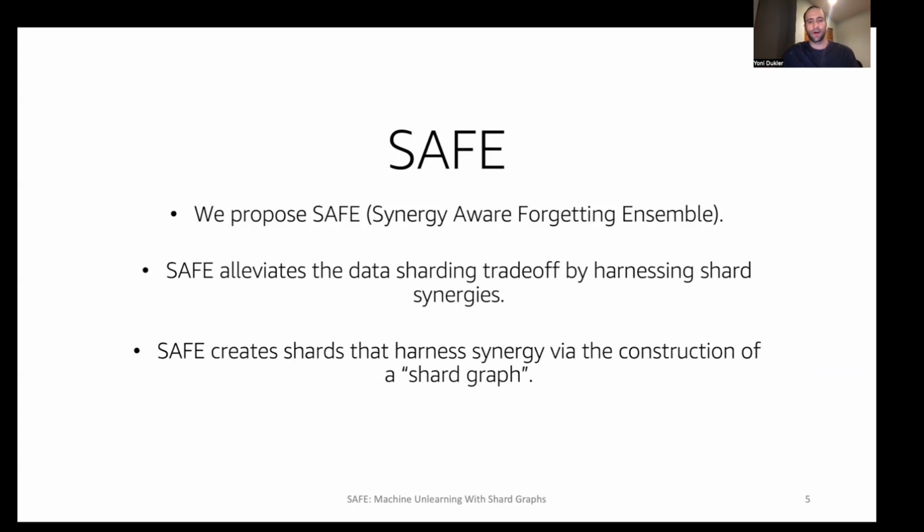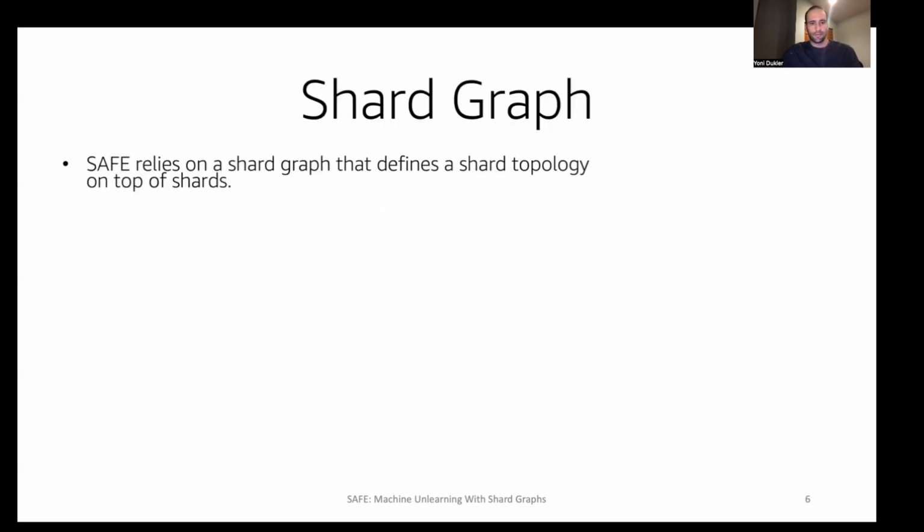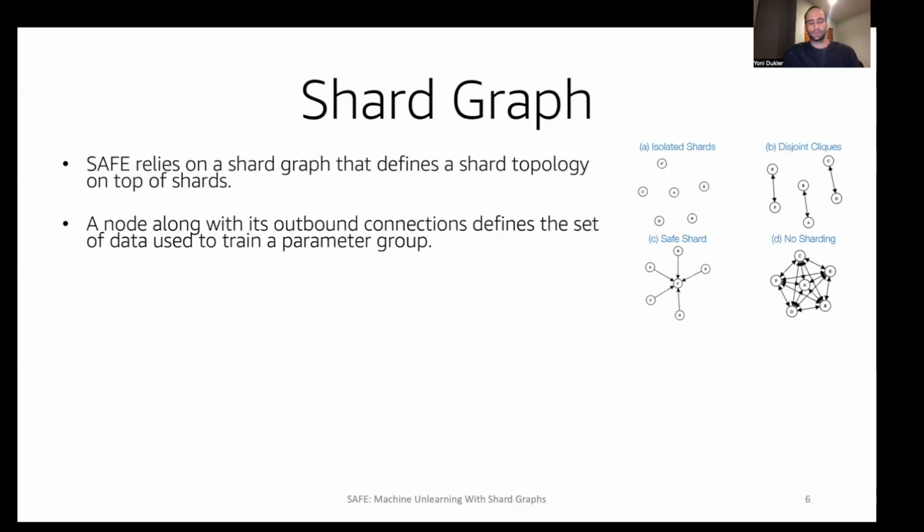SAFE creates shards that harness synergy by the construction of a shard graph. A shard graph relies on a shard topology to define which shards are used to train a particular parameter group. So the classic sharding can still be considered in this framework. This will be the example of the isolated shard.